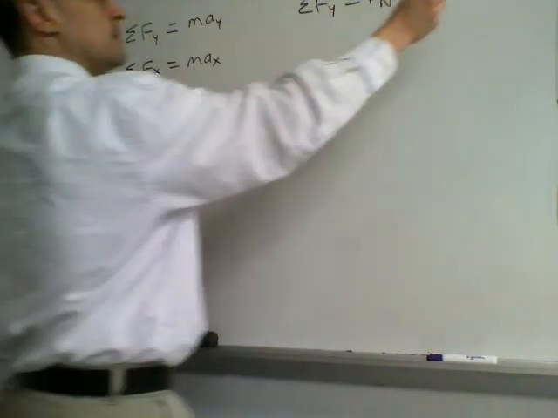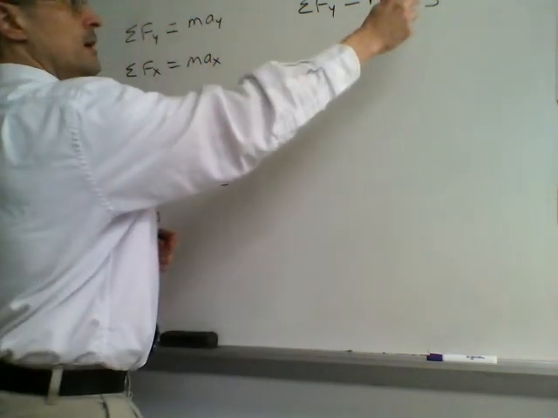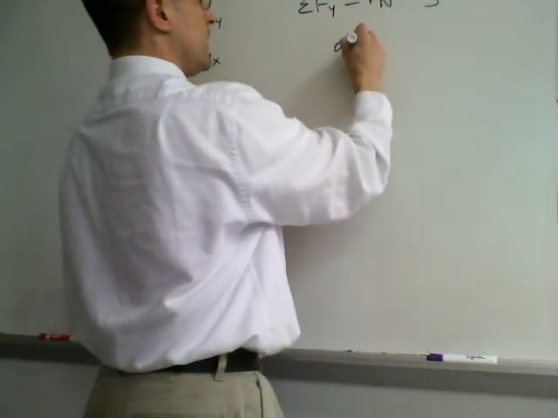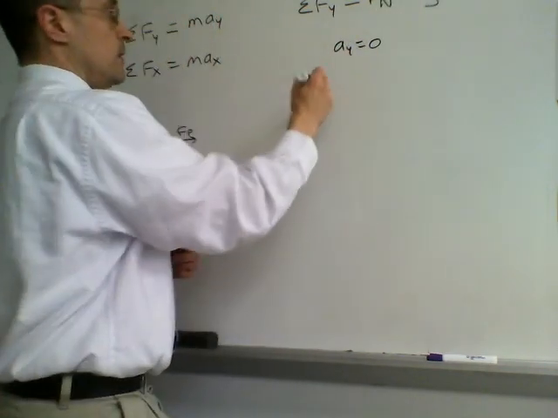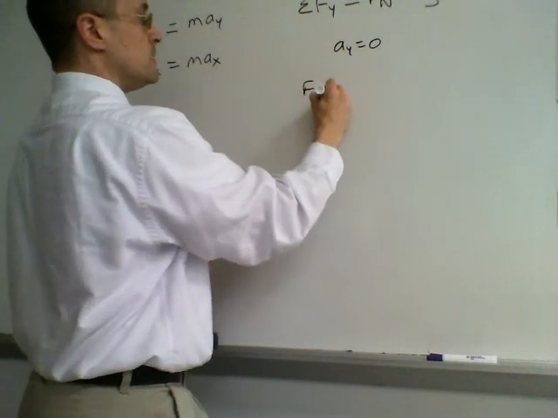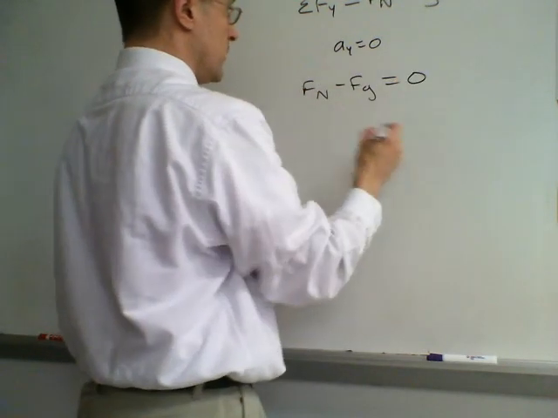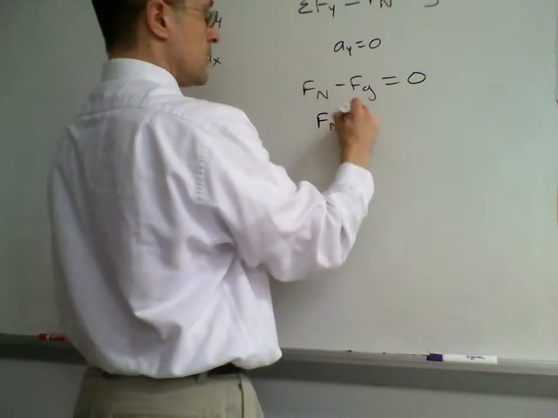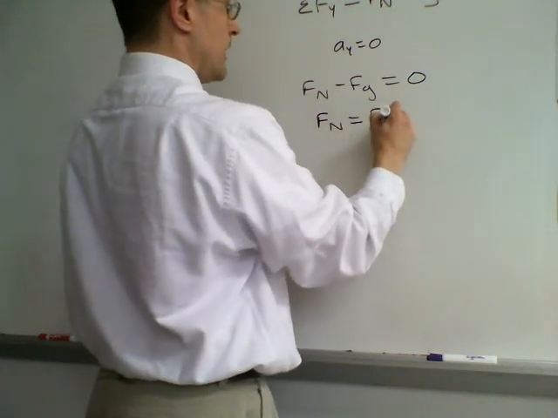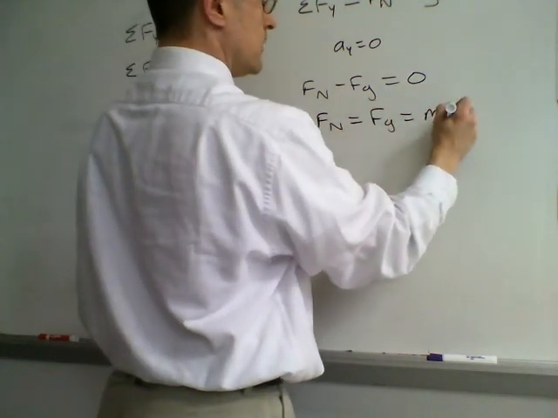So that tells us that the object isn't moving in the y, so ay is going to be 0. Then Fn minus Fg must be 0, or in this case, Fn is equal to Fg, which equals mg.